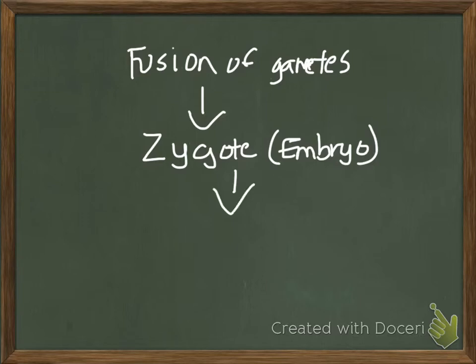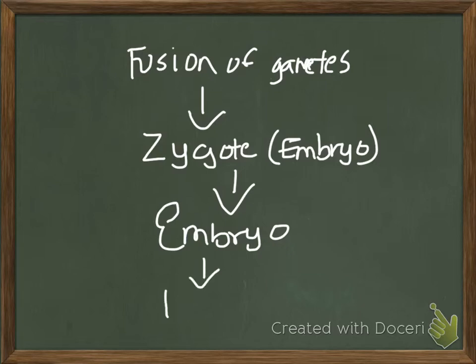The zygote develops into an embryo. The embryo is now implanted in the lining of the uterus. The uterus has a thick lining through which the embryo is implanted, and this is called implantation. Then, after 2 months, the embryo becomes a fetus.